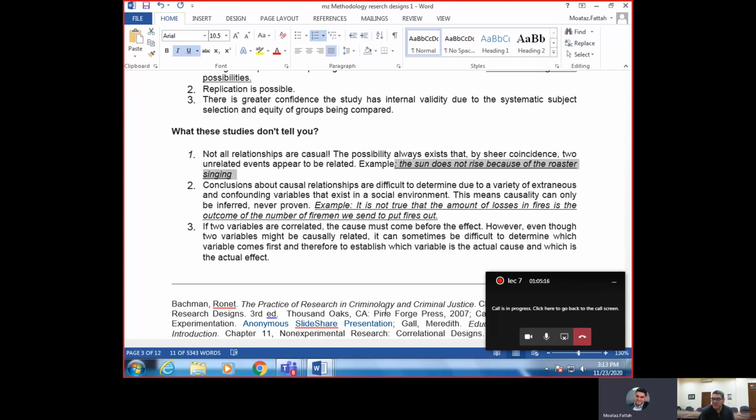The two dependent variables are the amount of losses and the number of firemen we send to put the fire out. So it's more like the sun and its relationship with the birds and the sales of ice cream. If there is a third variable that you have not included in your analysis, you might end up making a lot of effort to prove that two things are related, but actually there could be something else that you have not studied.